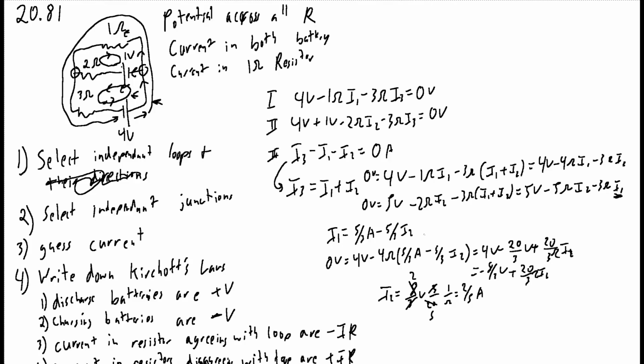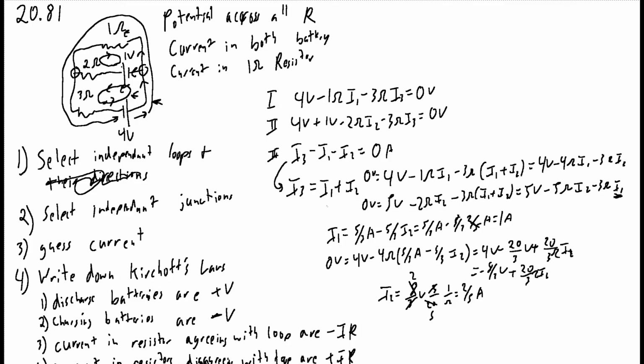Okay. So then up here we have 5 thirds amp minus 5 thirds of 2/5 amp. This 5 and this fifth go away, and so now I have 5 minus 2 is 3 thirds is 1 amp.